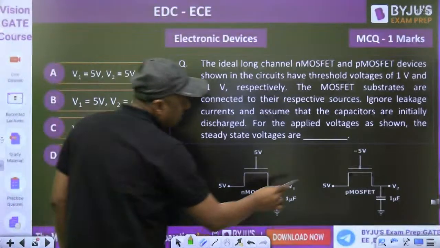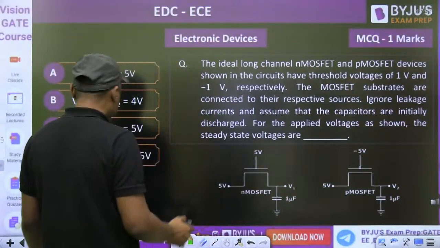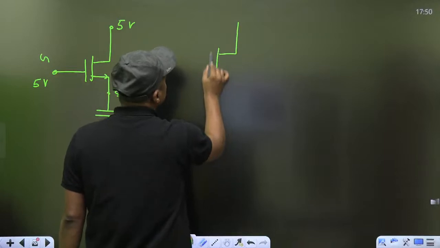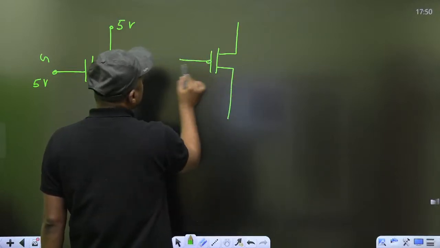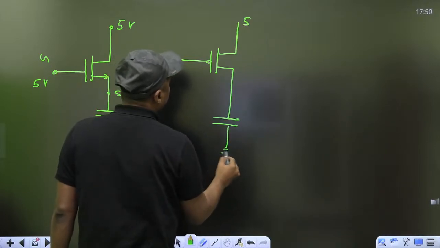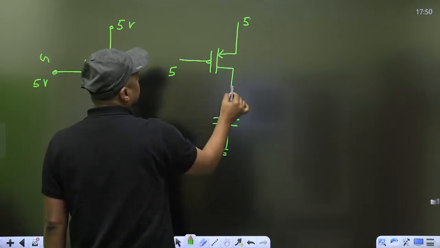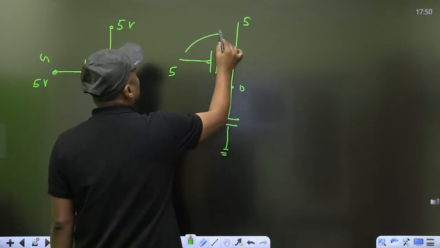This is the PMOS, with gate at minus 5. Why minus 5? Because it is PMOS. This is 5, and one capacitor is connected here. Now remember, this is the source terminal and this is the drain. Here we want VSGP.